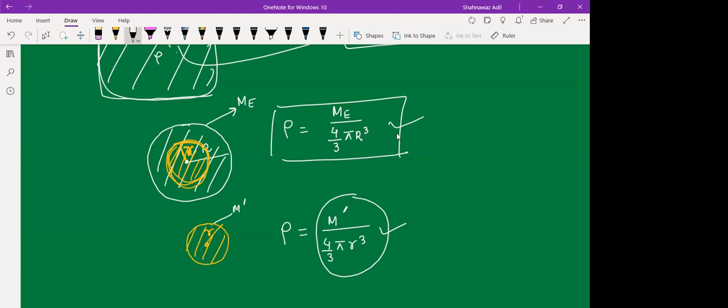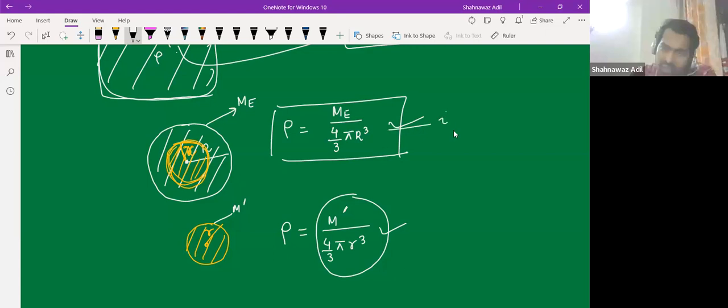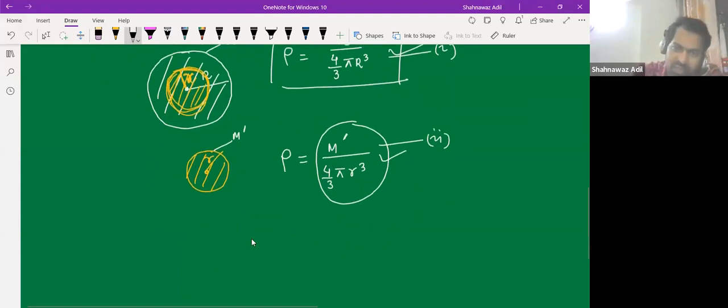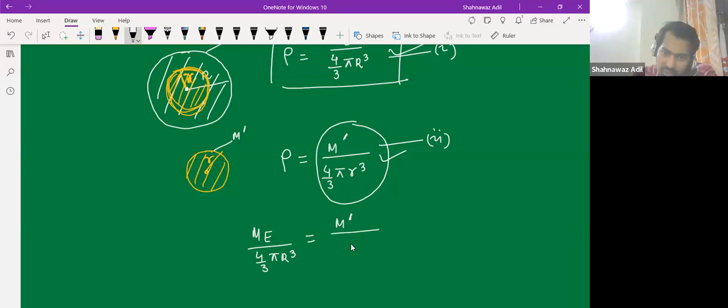So then, let's say this is 1 and this is 2, if these two are equal, then this mass that I have taken, the new mass, would be 4 by 3 r.